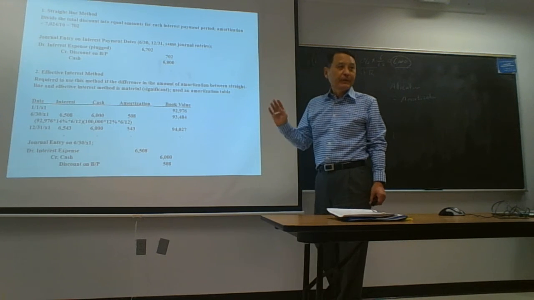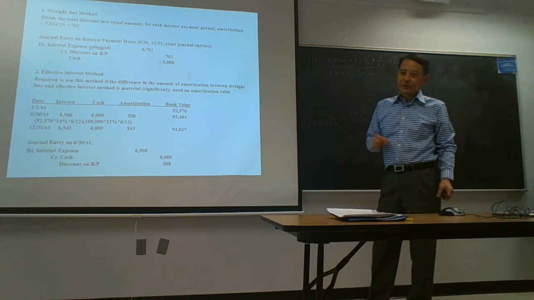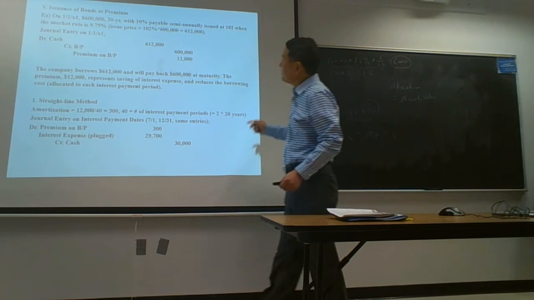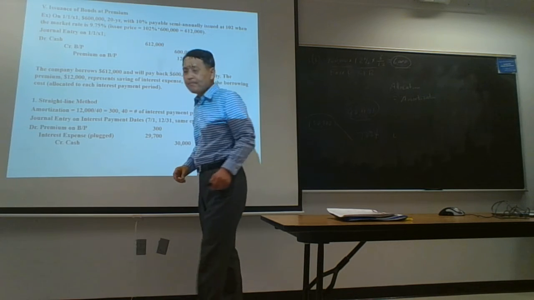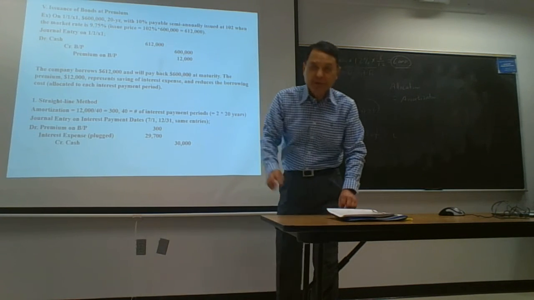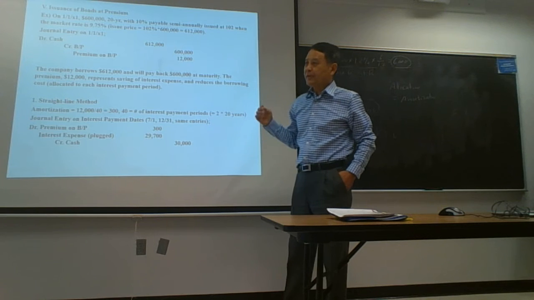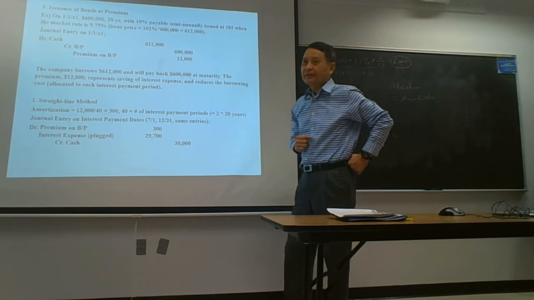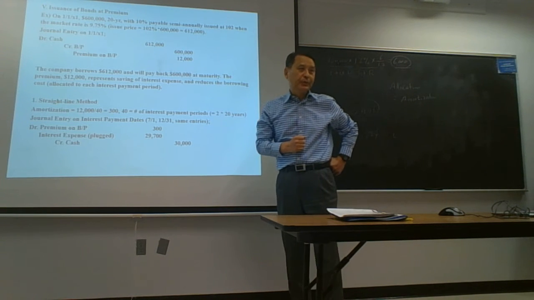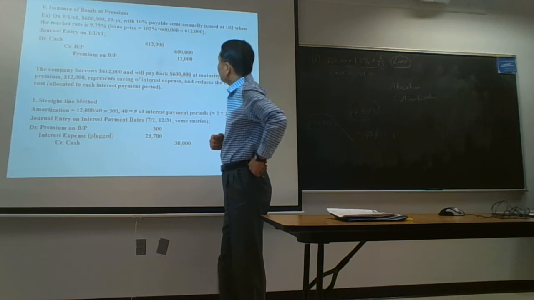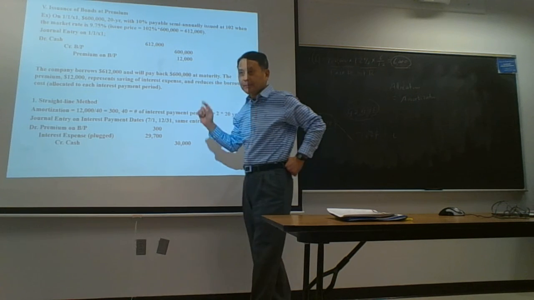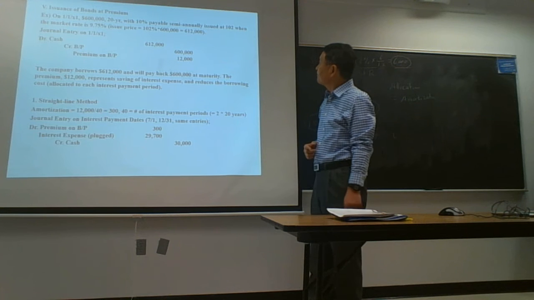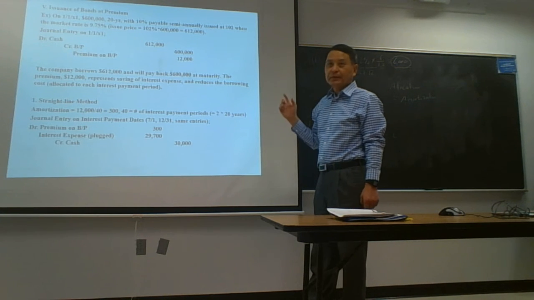So try to understand discount and premium conceptually. Now, premium issue. Issuance of bond at a premium. This is just the opposite of a discount issue. Face value is given as 600,000, and this bond matures in 20 years. 10% payable semi-annually, 10% stated rate, issued at 102.